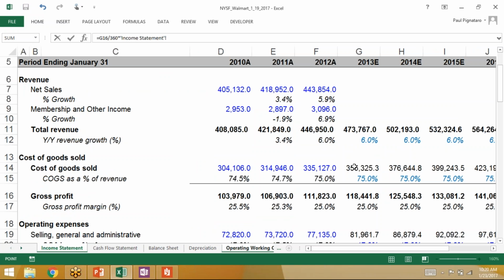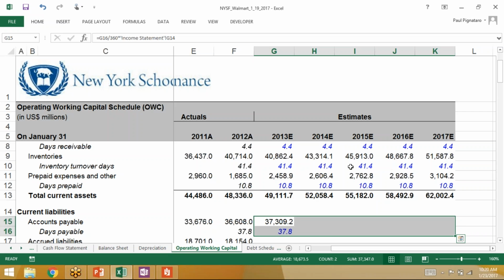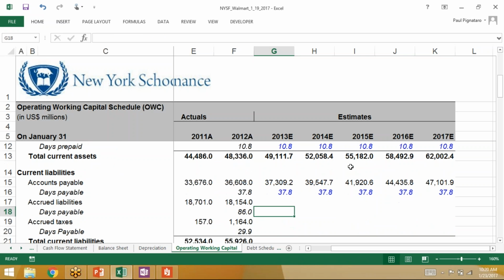And if you forget, you could just look at the historical formula to see. It's COGS.